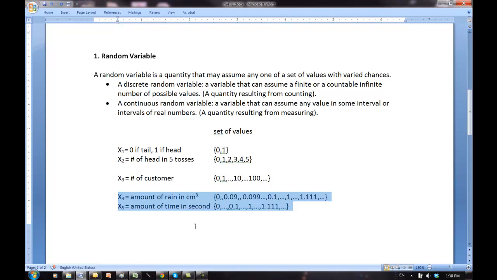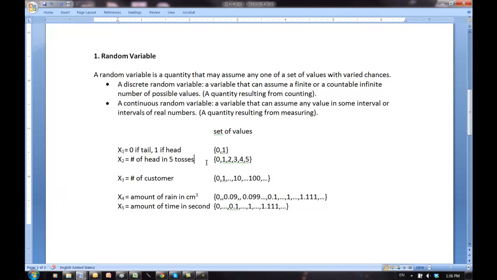And this difference differentiates random variables into 2 types. The first type is called discrete random variables. The second type is called continuous random variables. So the first 3 variables belong to the discrete type. The last 2 variables belong to the continuous type.